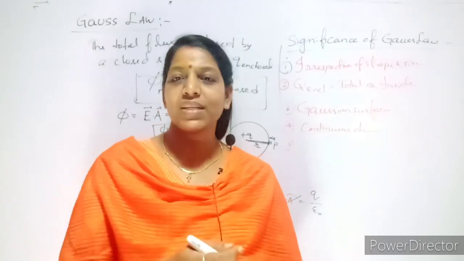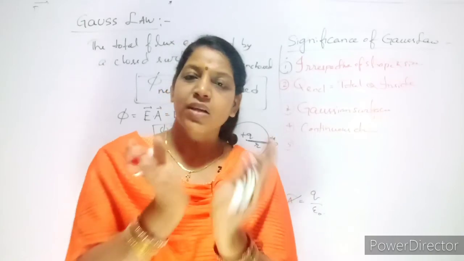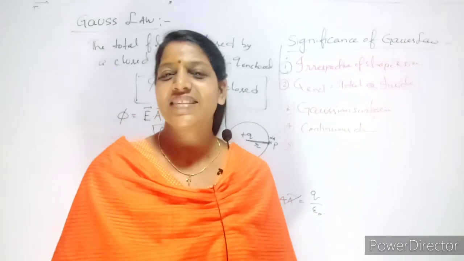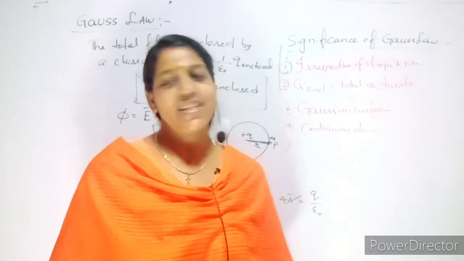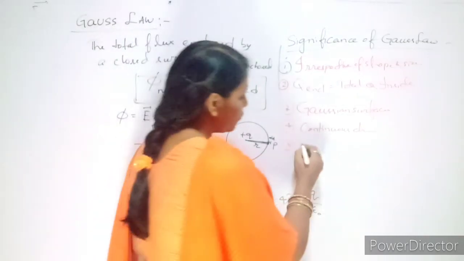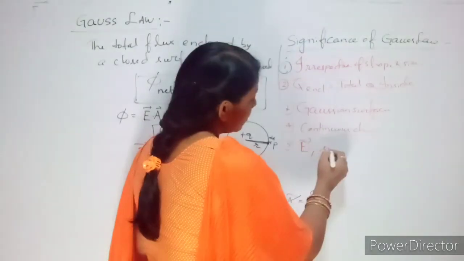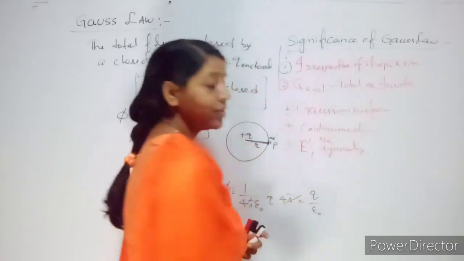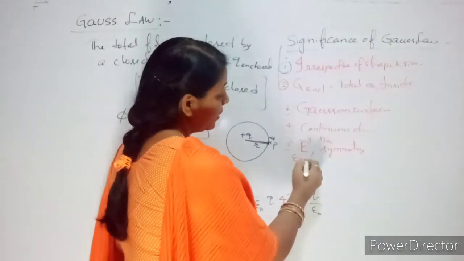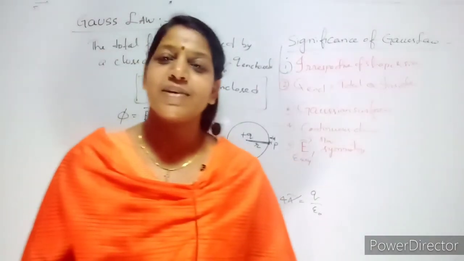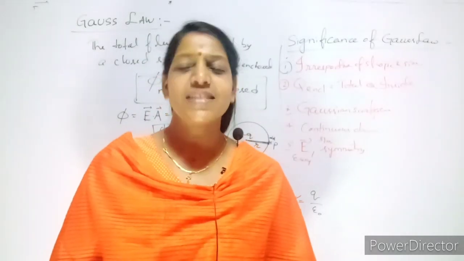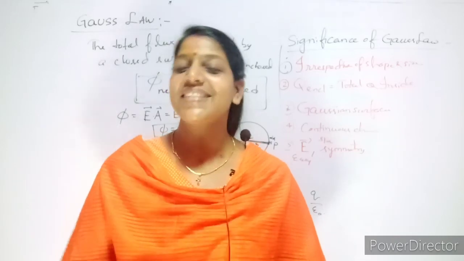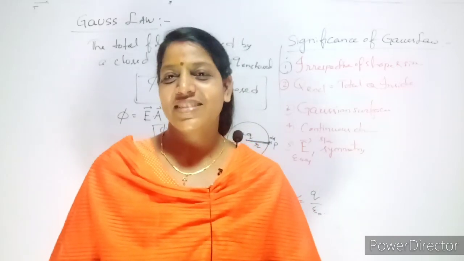If you fold it from the center, the folded part is just the mirror image of the other part. That is the concept of symmetry. So it is very easy to find the electric field for a system of symmetry. If it is unsymmetrical, then it is a bit tedious. Otherwise, it is very easy and fast using Gauss law.